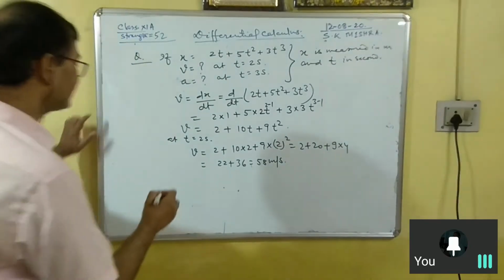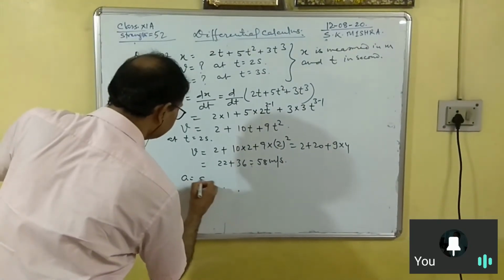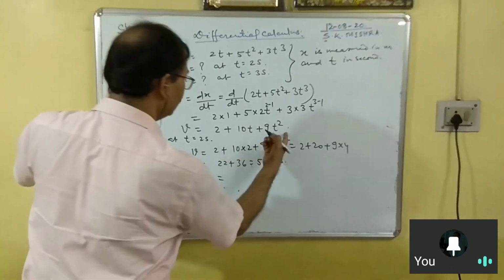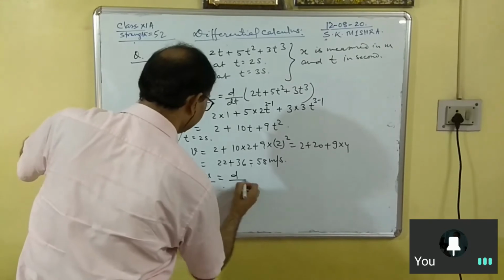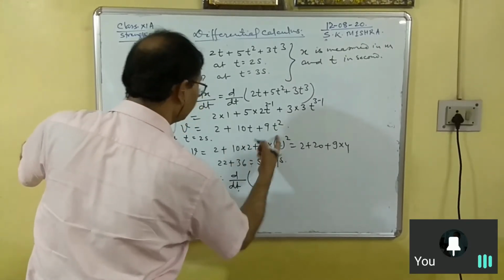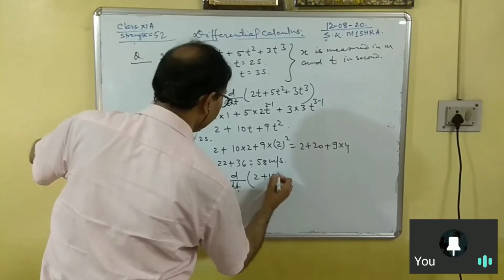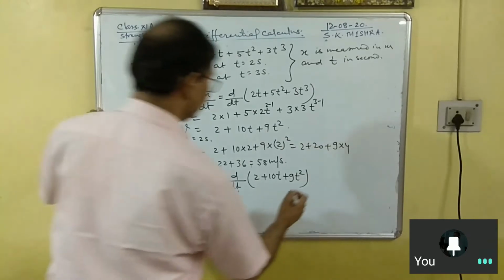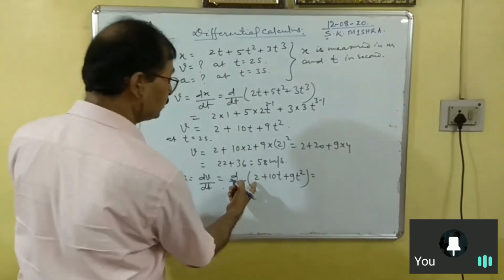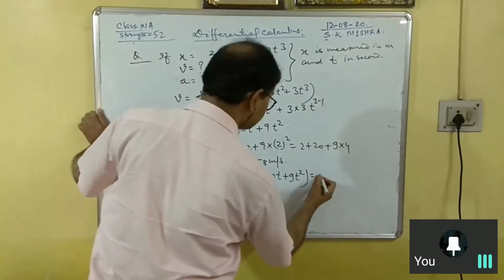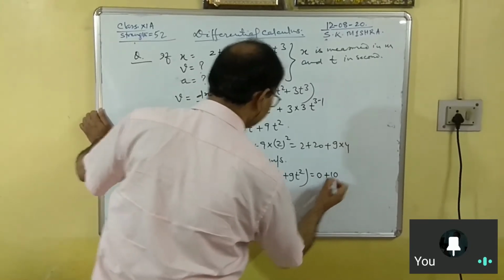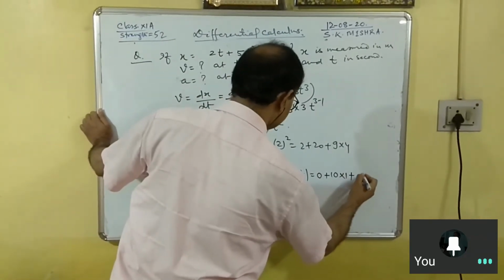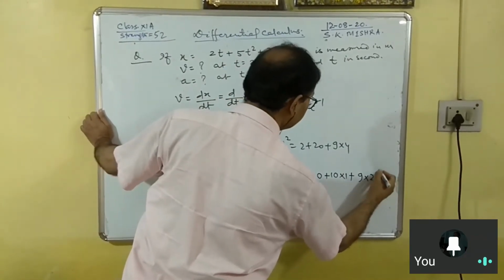Now how will you find acceleration? Acceleration is dv by dt. Now let us differentiate d by dt of v, whatever v you have calculated. So v is time dependent. Okay. Now you have to differentiate this one. So differentiation of 5 alone, no t is there, so it is constant, so it should be 0, plus 10t, dt by dt 1, plus 9t square is 2t, 2 minus 1.